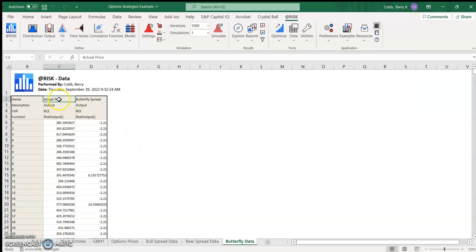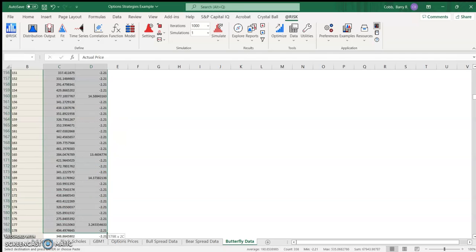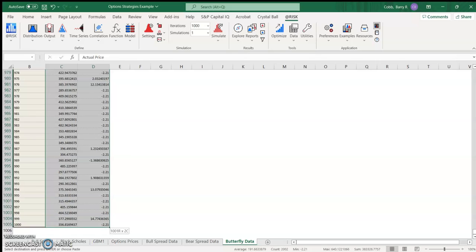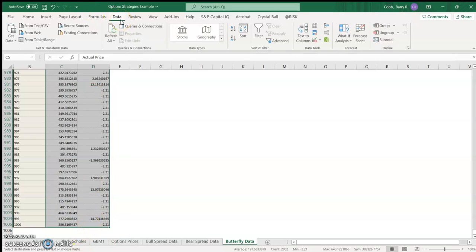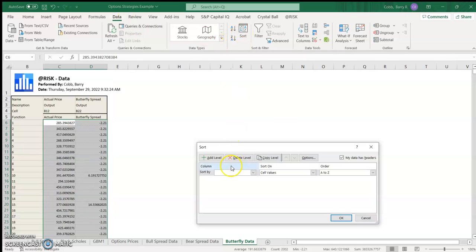Now I'm going to copy these actual price and butterfly spread labels. And then we're going to sort these 1,000 iterations from the simulation. We're going to sort them by actual price. So we'll go to Data and Sort, and then sort these by the actual price.